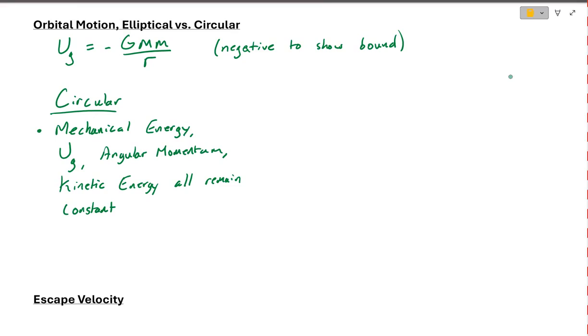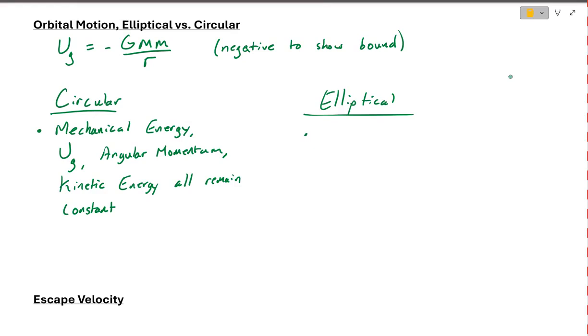However, most orbits don't work like that. Some can be approximated that way, but not many. Most orbits are elliptical. So when I say an orbit's elliptical, what does that mean to you? Yeah, it's more of an oval shape, right? And we'll see a visual of that in just a minute. But because it's an oval shape, what changes? The radius changes, right? Now, there's no outside work being done.